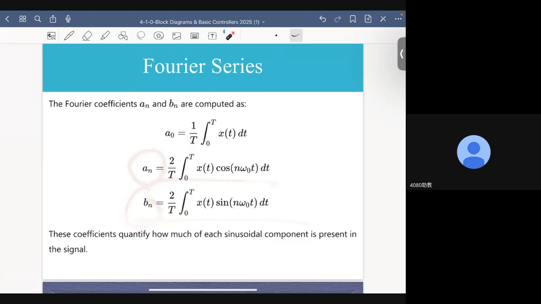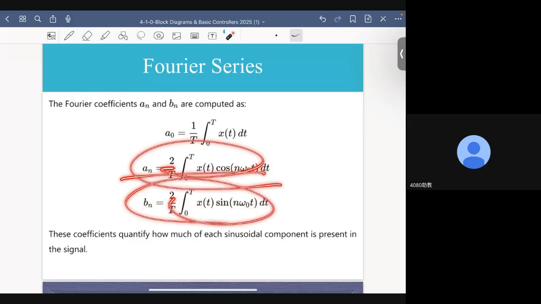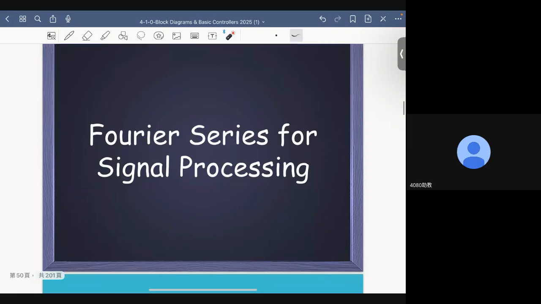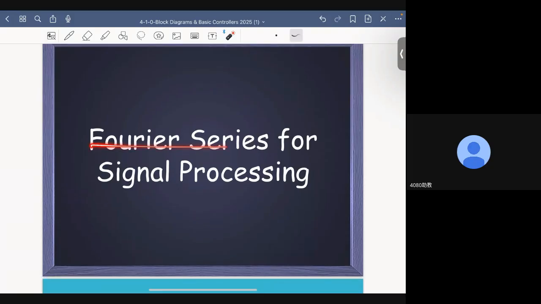Okay, I don't want to go through the mathematical process to prove these two equalities are true. You can always go back to your engineering mathematics textbooks for the background, for where these two results come from. All right, now the topic here is Fourier series for signal processing.